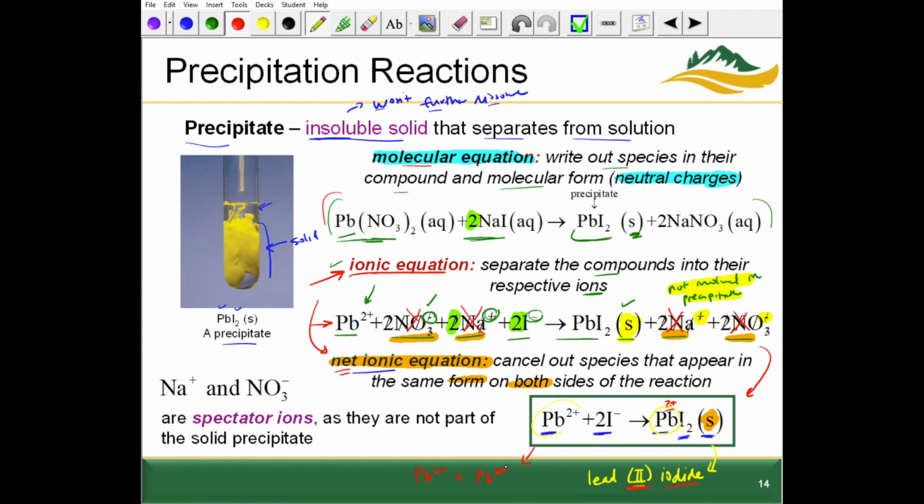So if a metal can form 2 different kinds of ions, we need those Roman numerals here, going back to naming in chapter 2. The other important piece of terminology here are these spectator ions. So here's sodium and nitrate. They're not part of forming the solid precipitate. We end up canceling these out here. So the technical name for these are our spectator ions.